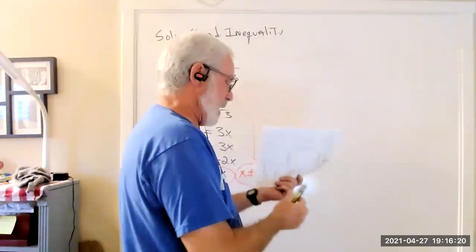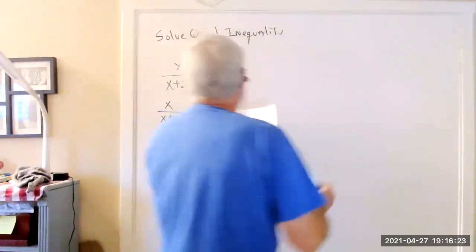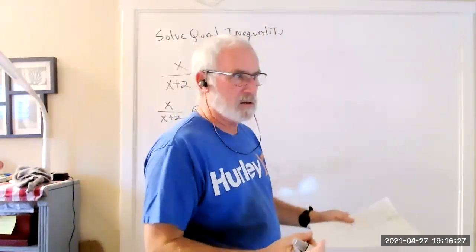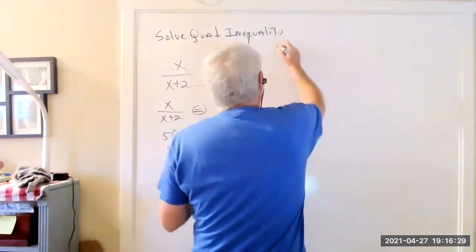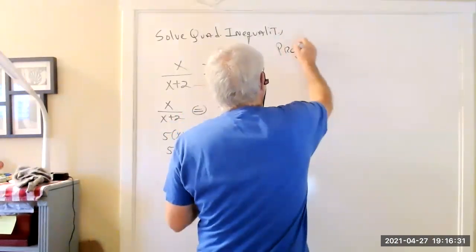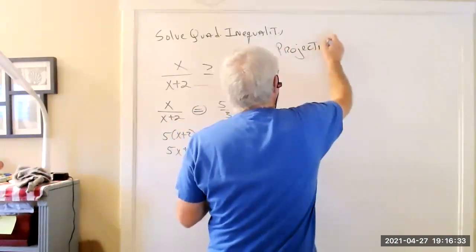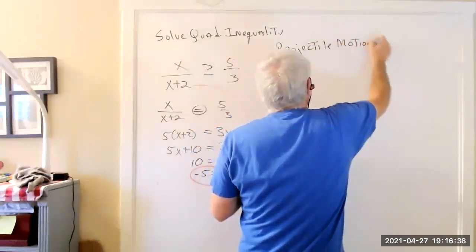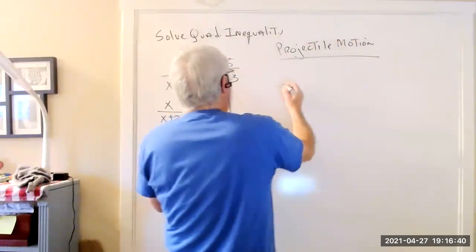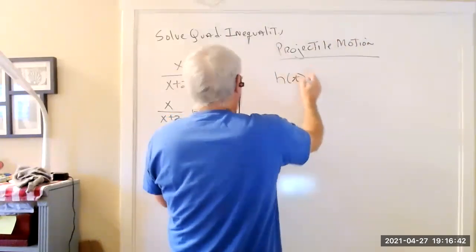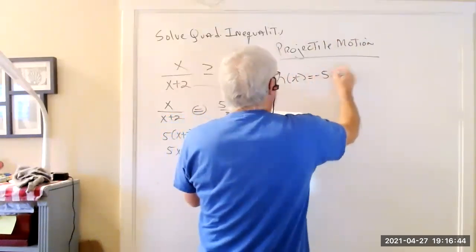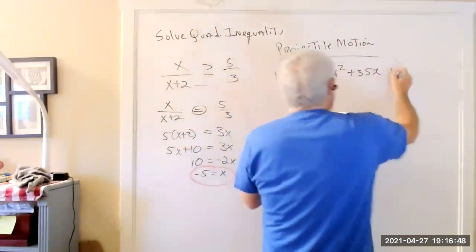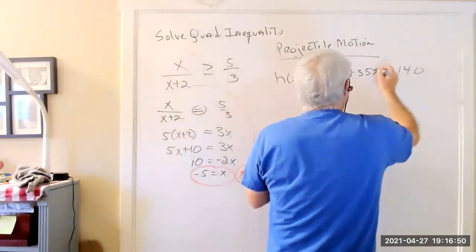I was a little bit disappointed in the number of people who just left this blank. It was a projectile motion problem. A rocket. Projectile motion. And we give you something like this: h of t equals -5t squared plus 35t plus 140.